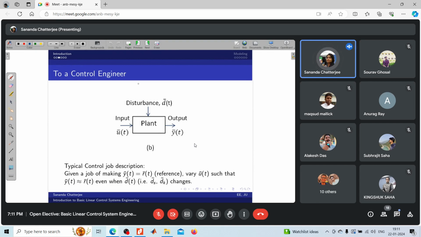if we have an input, the plant will respond to that input in a particular format.